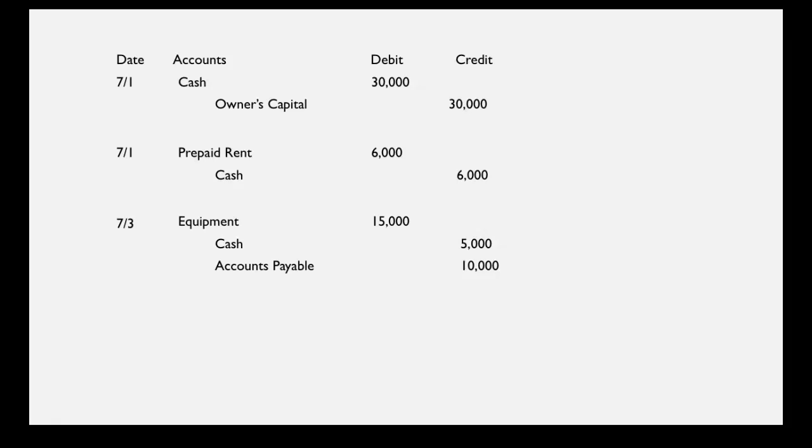Here we'll be using accounts payable. So we credit accounts payable for the remainder. So if we need to make our debits and credits equal here, we initially had just this $15,000 on the debit side and $5,000 on the credit side. So that's why we needed this additional $10,000 over on the credit side.